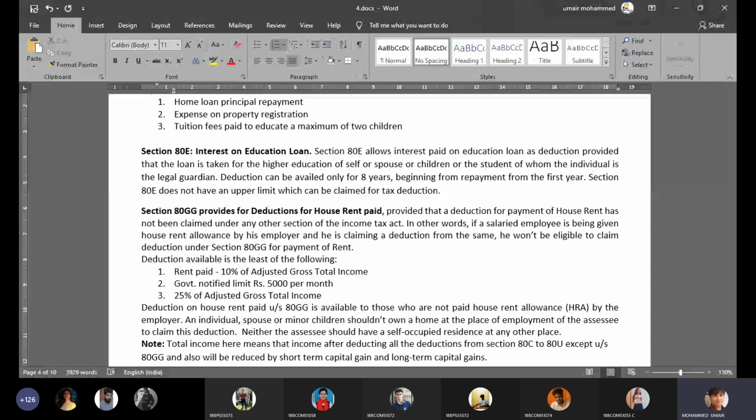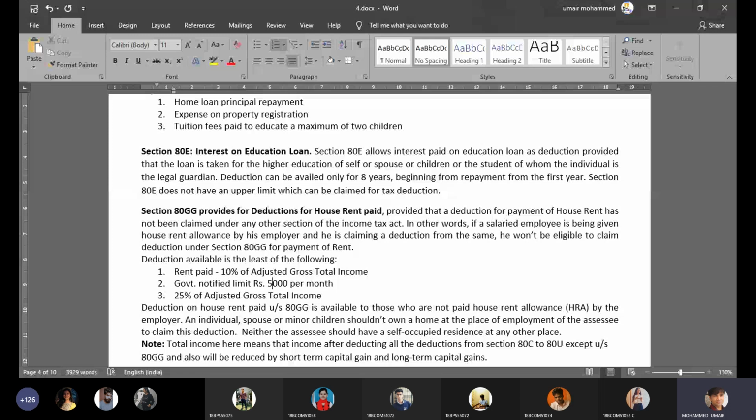What we do here is apply these provisions, and the trick for you is to learn how to calculate adjusted GTI, because the first step says rent paid minus 10% of adjusted GTI, and the last step says take 25% of the adjusted GTI. So how do we calculate adjusted GTI?